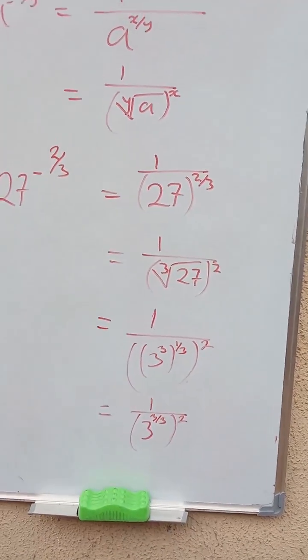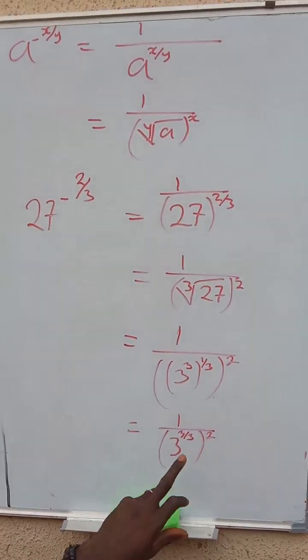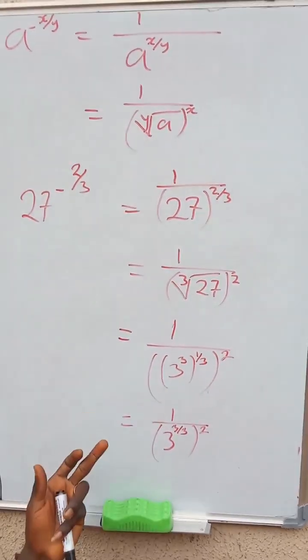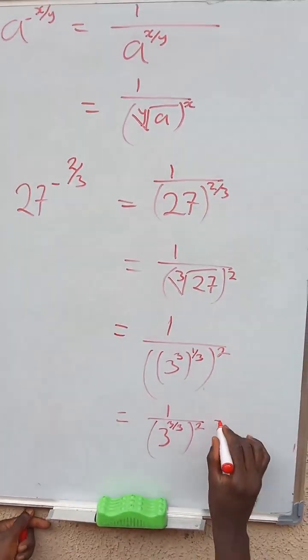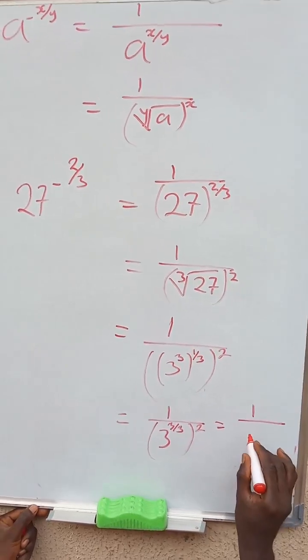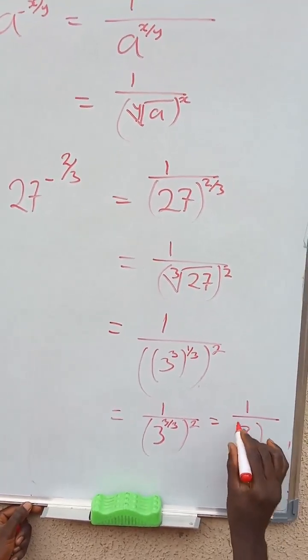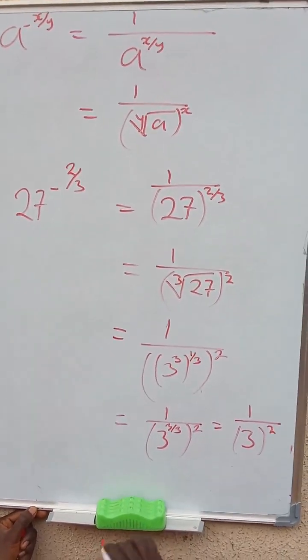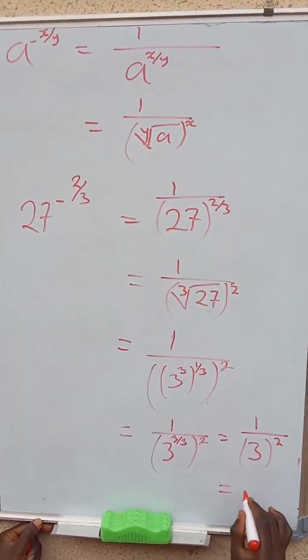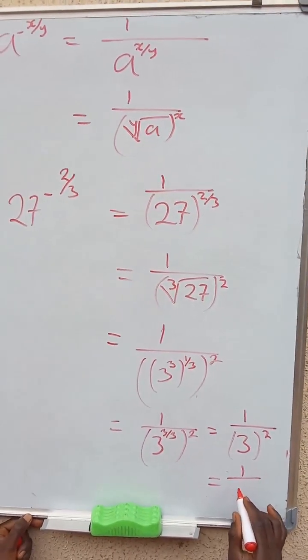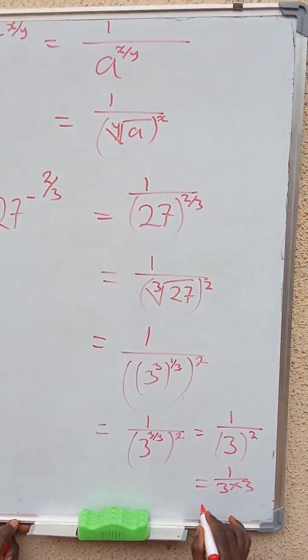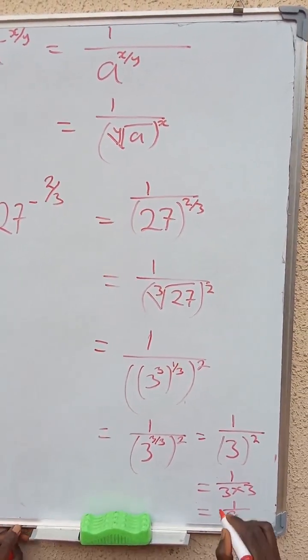I have to finish from the bracket first, BODMAS. 3 divided by 3 is what? 1. So I have 1 over 3 raised to the power of 2, which is the same thing as 1 over 3 times 3, which is 1 over 9.